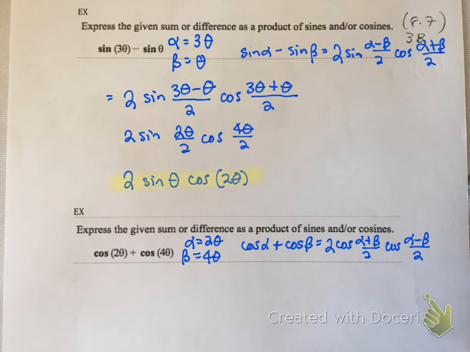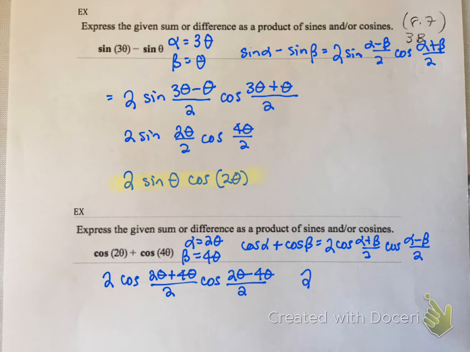Okay, so let's go ahead and plug and play. So we get 2 cosine, alpha, remember, is 2 theta, and beta is 4 theta, so I'm going to add those two together over 2. And then I'm going to subtract, I have cosine alpha, which is 2 theta, minus 4 theta, all over 2.